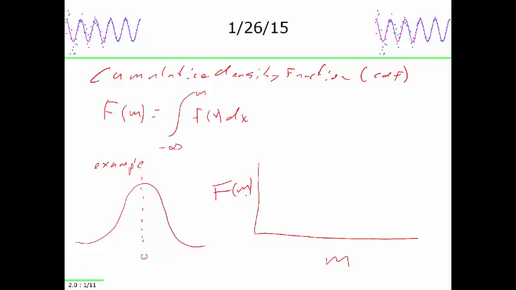What is the value of F of M going to be at positive infinity? 1. Why 1? Because we have a normalized PDF. Excellent. Okay. What's it going to be at 0? 0.5.